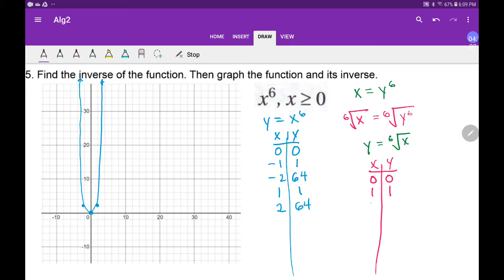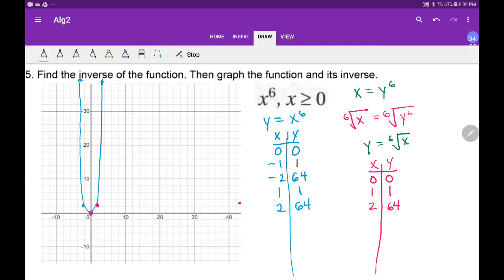So, anyway, 64. And as I said, you can't put in negative numbers, so that creates a little bit of a difficulty here. So, I'm still going through 0, 0, and then I'm also going through 1, 1. And then I'm taking off here. I can almost get there.